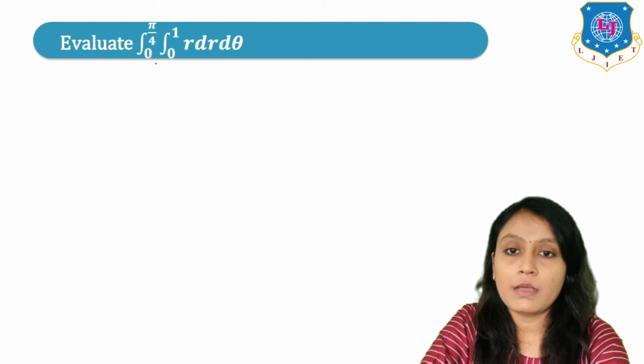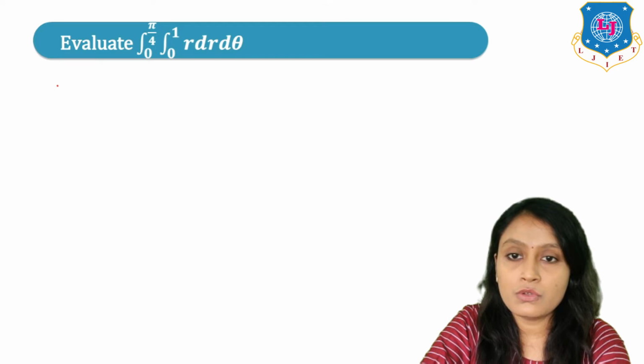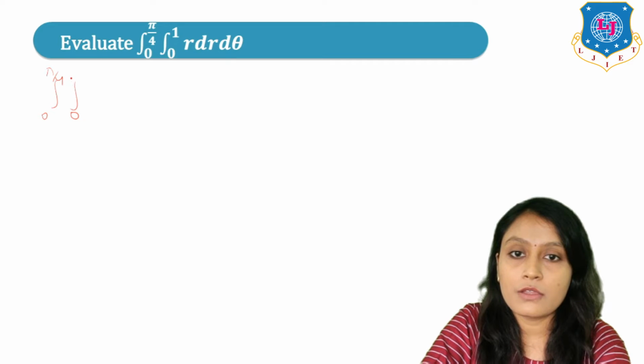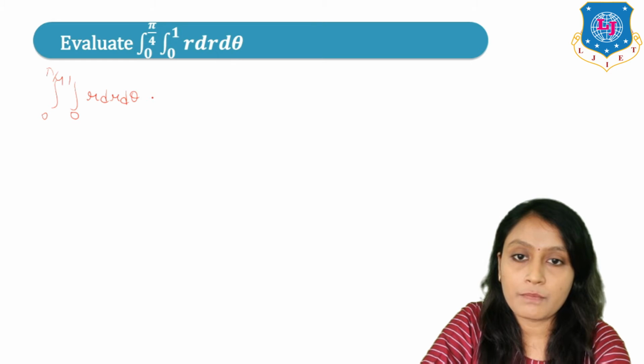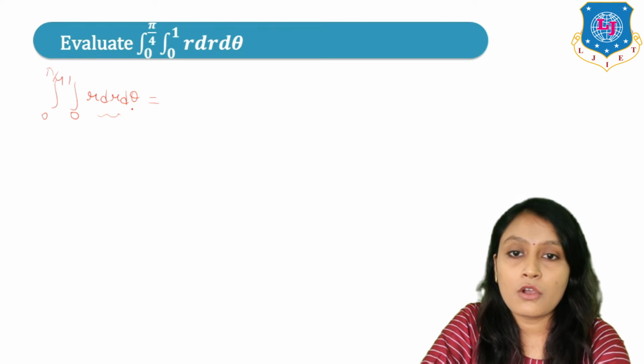Evaluate the double integration from 0 to pi by 4, 0 to 1 of r dr d theta. We have to evaluate this integration. Firstly we will integrate with respect to r and keep theta constant.